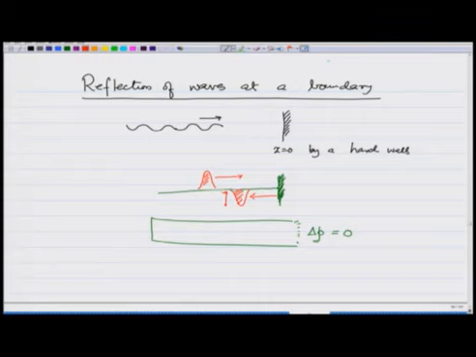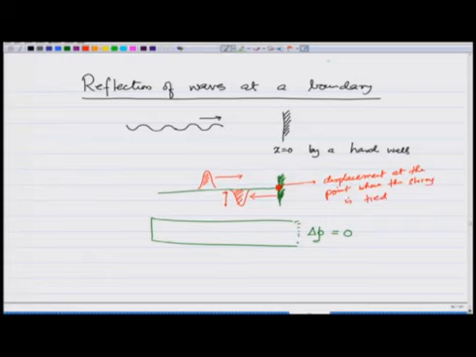Now, at any given time, the displacement at the point where the string is tied is going to be 0, and we will use that to show that during reflection the pulse actually changes sign. So, let us do that now.